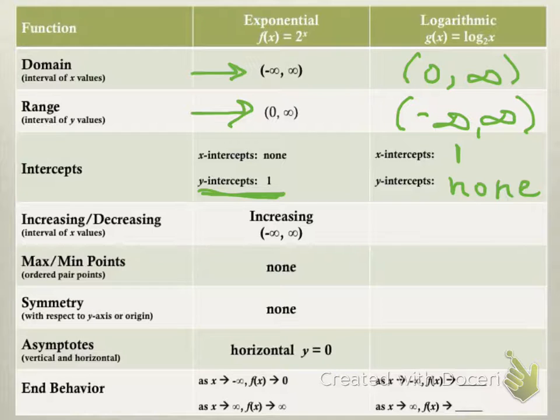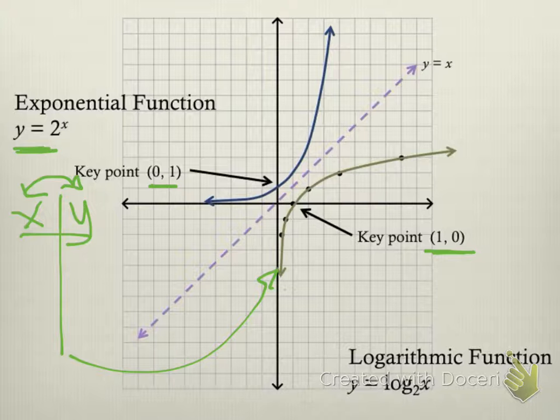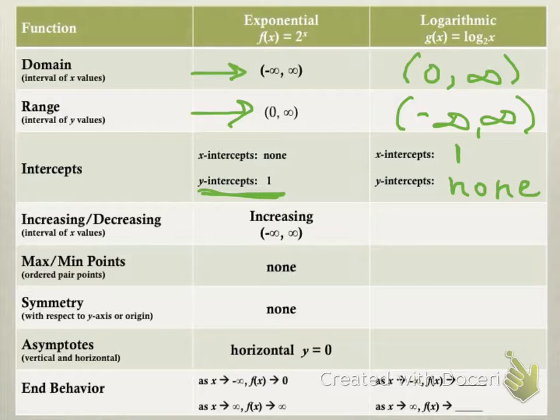Now the one thing that does stay the same is the fact that our graph is always increasing. So when we start on any point down here, if we move to the right with x values, our graph is always going up. It kind of slows down as to how much it's going up here, but it is always going up. So we are always talking about an increasing function.